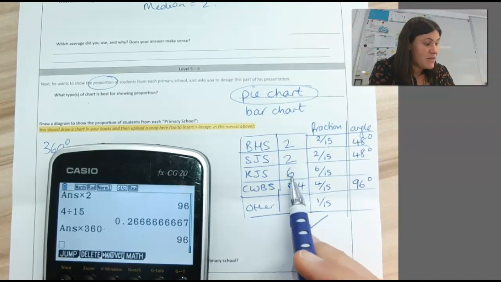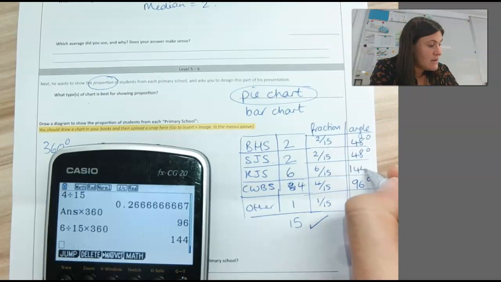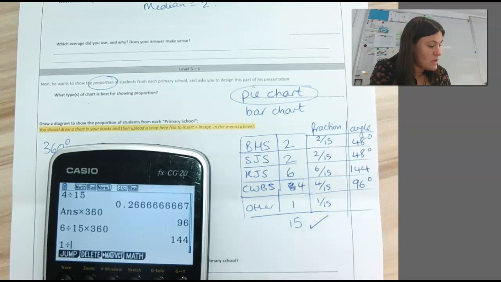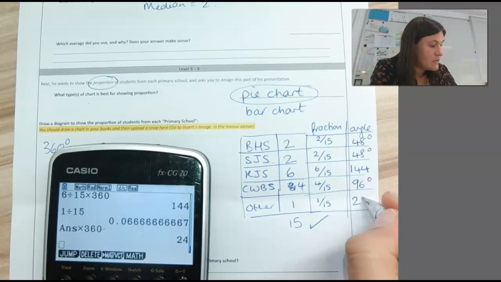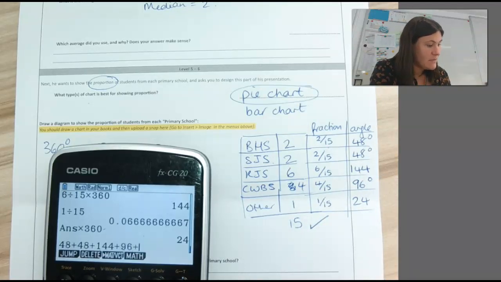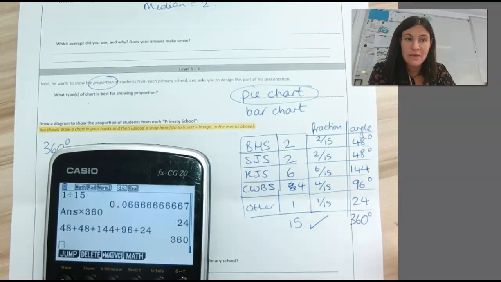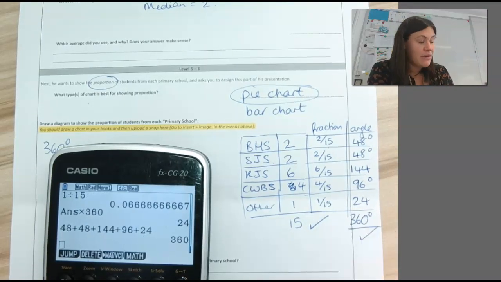Same for 6, I could say it's 3 lots of 48, or I could say it's 6/15 of 360. And the last one is 1/15 of 360, which is 24. Again, I want to make sure that these angles all add up to 360 degrees. Sometimes if we need to round our numbers, it might not add up to exactly 360. But here I didn't need to round anything, so it should.